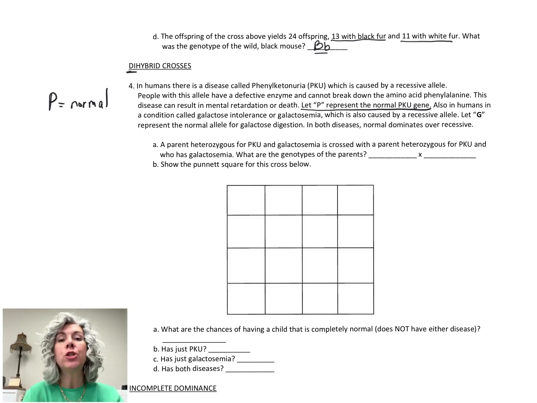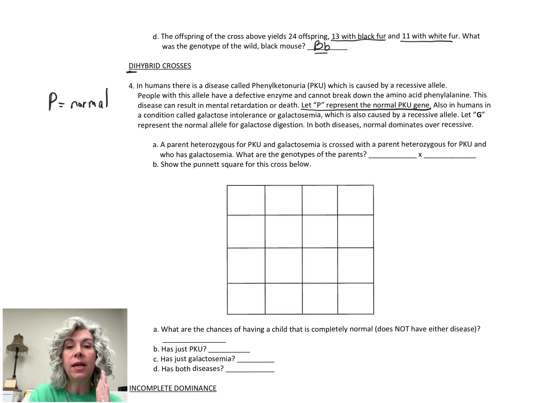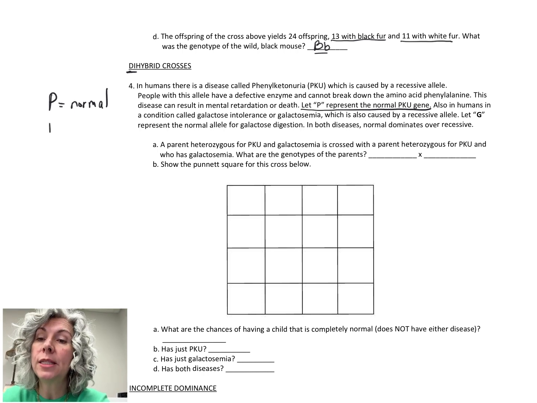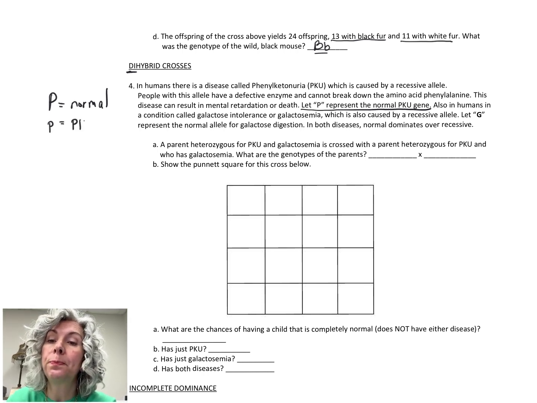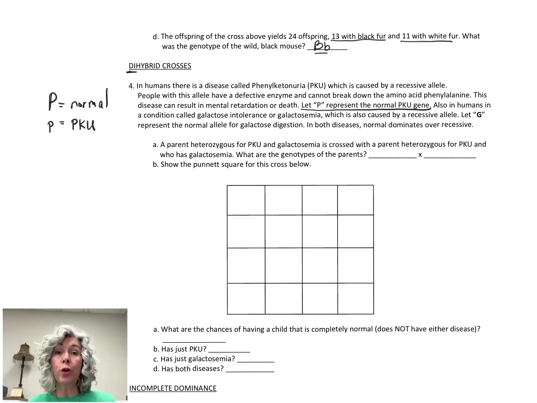Capital P means they're normal; they do not have that defective enzyme. Which means a lowercase p would be PKU. That's the trait. They're carrying that trait for PKU.